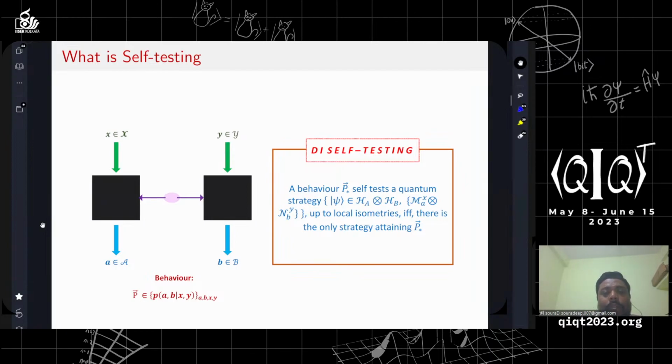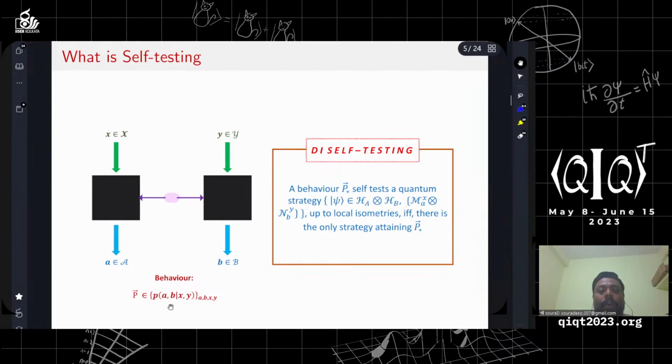So let's say we have two black boxes, and these two black boxes are space-like separated. That means black box 1 cannot communicate with black box 2. In black box 1 the input is denoted by X, and for black box 2 the input is denoted by Y, and the corresponding outcomes are given in the picture. Here the collected statistics are characterized by the behavior, that is, this joint conditional probability distribution.